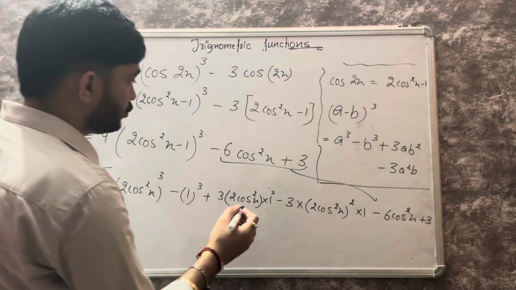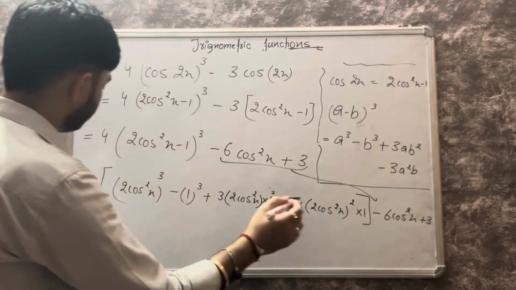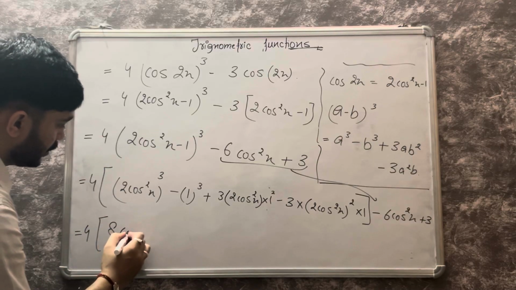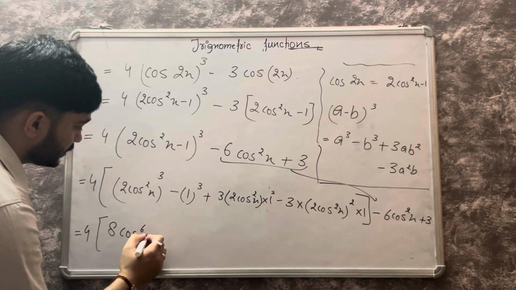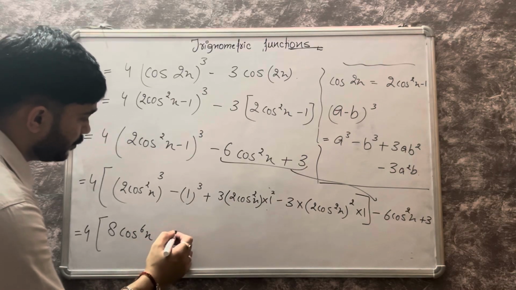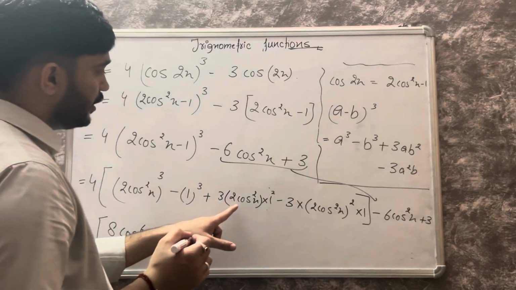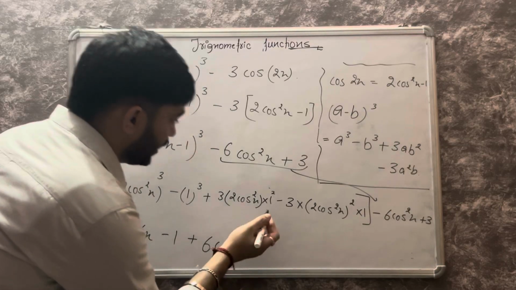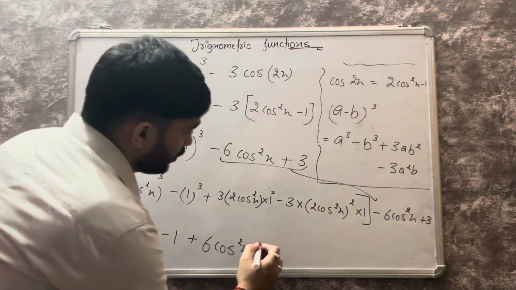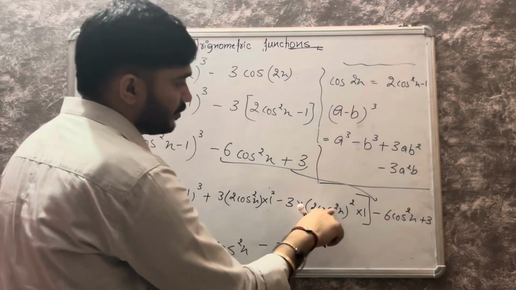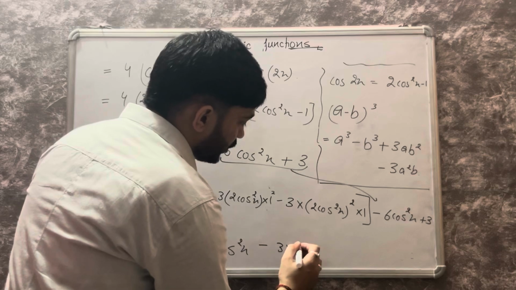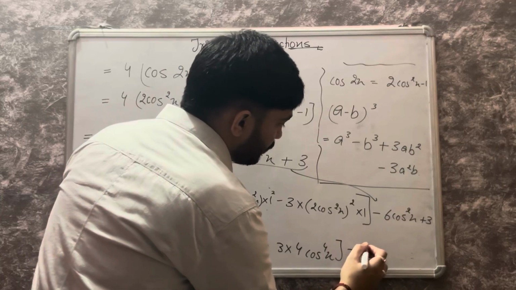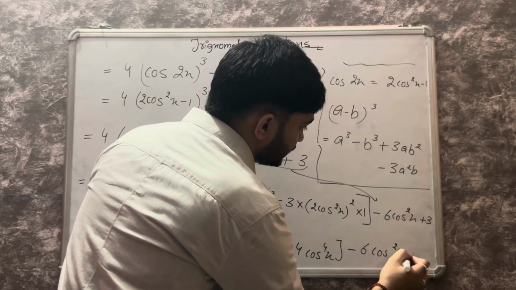Now we are going to solve this bracket first. 4 into, what is the cube of 2? That is 8. Cos 2 into 3 is 6x, minus 1's cube is 1, plus 3 into 2 is 6 cos square x multiplied by 1 remains the same, minus 3 into, firstly we have to solve this bracket square, so 2 square is 4, cos 2 into 2 is 4x, minus, this will remain as it is.